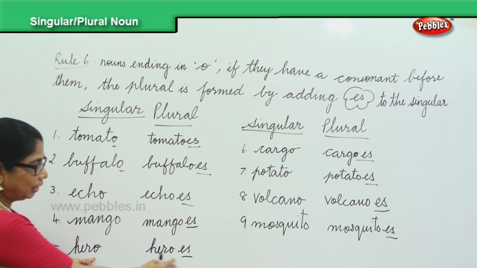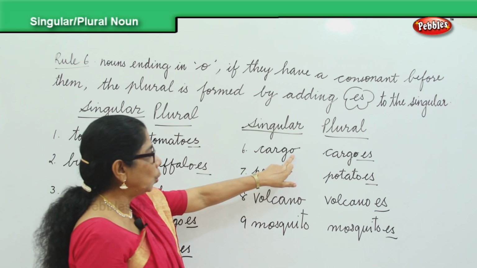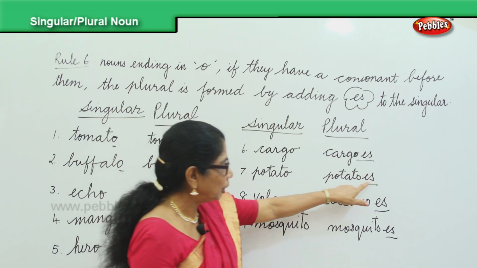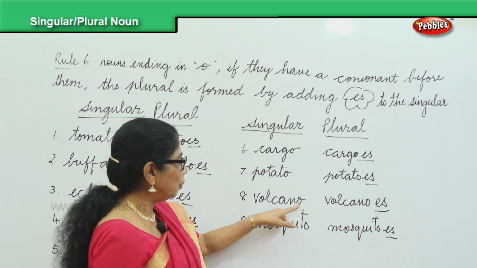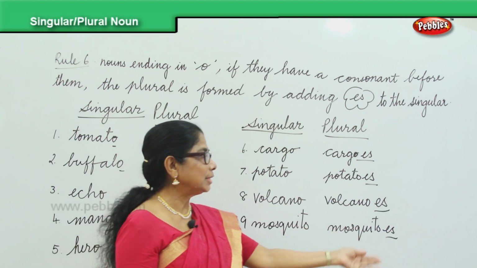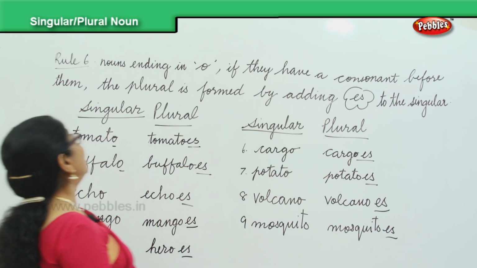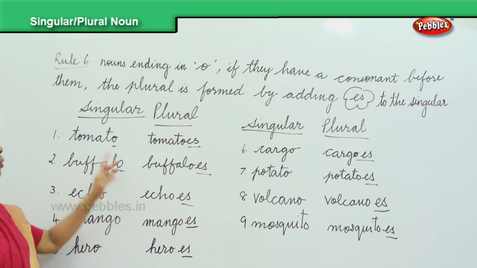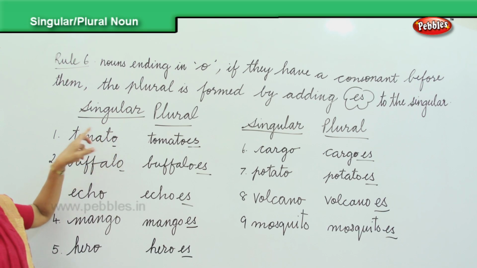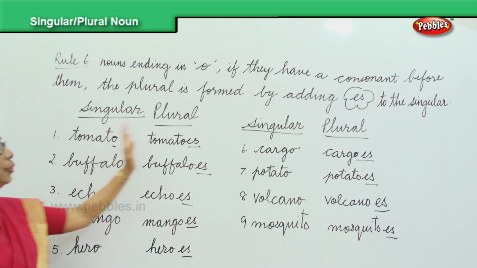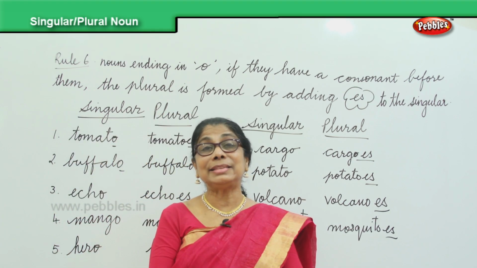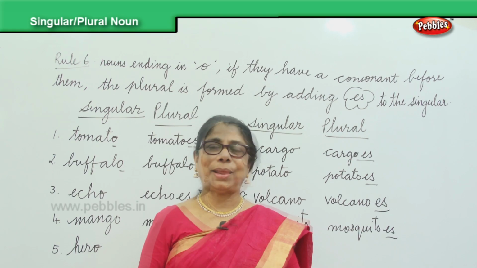Hero, heroes. Cargo, cargoes. Potato, potatoes. Volcano, volcanoes. Mosquito, mosquitoes. In this rule number 6, if there is a noun ending in O with a consonant before it, you form the plural by adding ES to the singular noun.